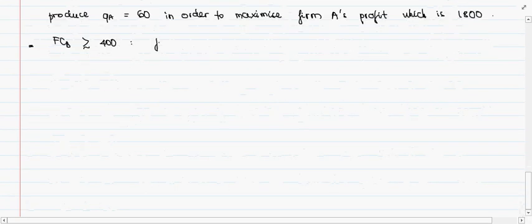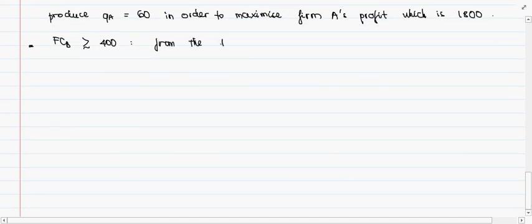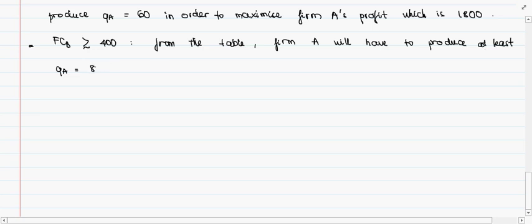Okay, then I'll say from the table, firm A will have to produce at least QA equal to 80 in order to deter firm B's entry.